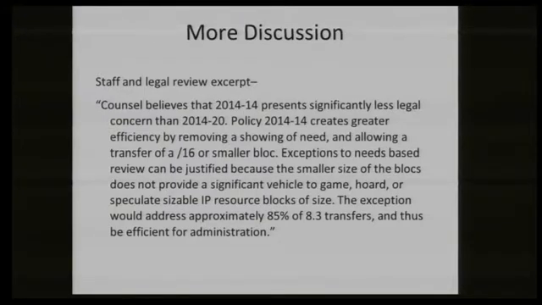Of all of the transfer requests that come in, 85% are /16 or smaller. As we'll see in a minute, that turns out to be very much of a disparity when you look at the actual numbers that are transferred.